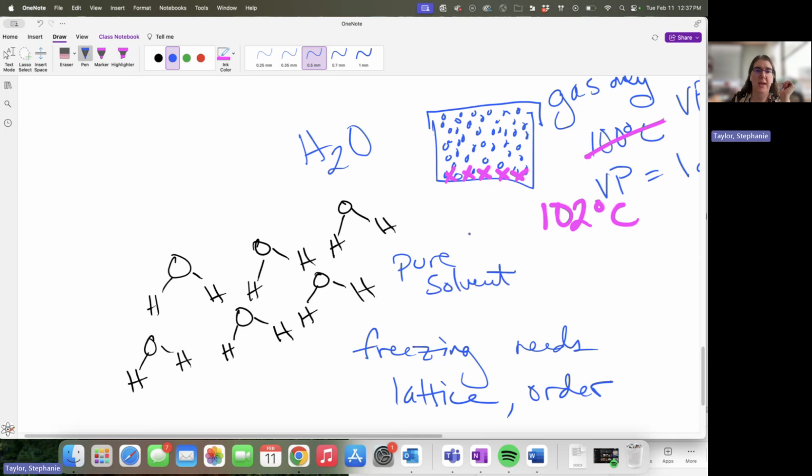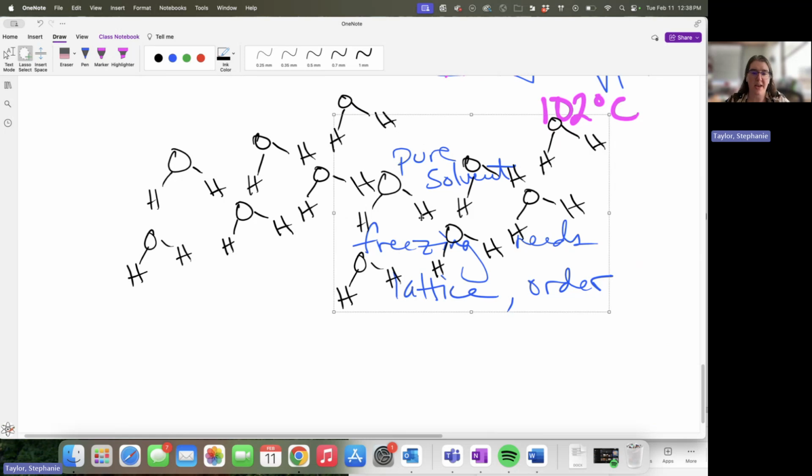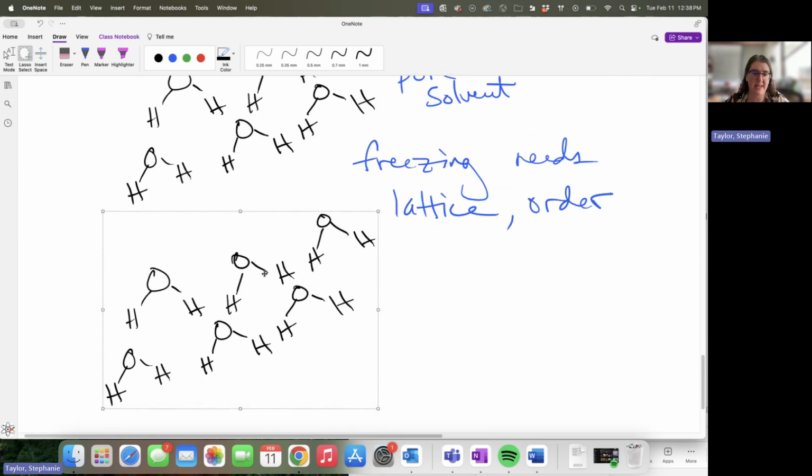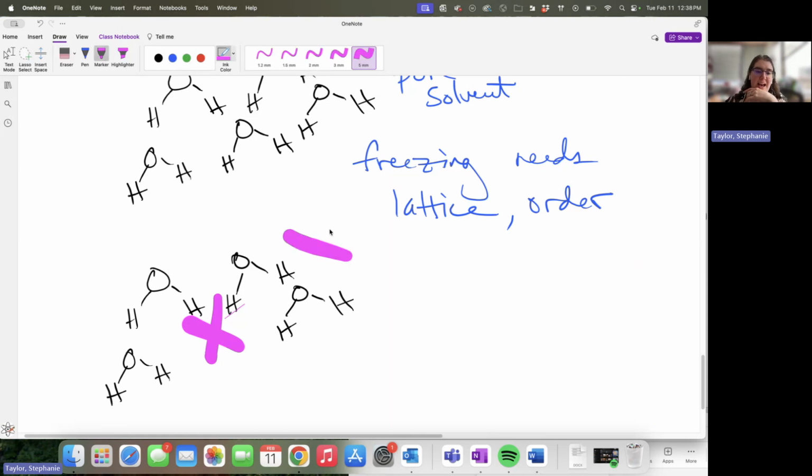But the thing is that this is my lovely pure solvent here. And the hard thing is, when I have solute, that can't always happen like that. I have all of these little things in the way. So I'm going to erase this for a minute. I just have this giant solute thing happening in here that's getting in the way and mucking up the lattice.